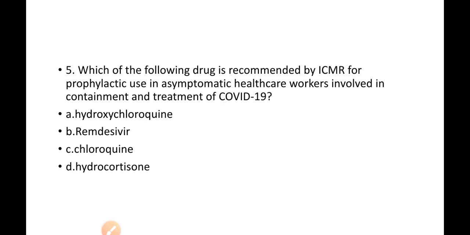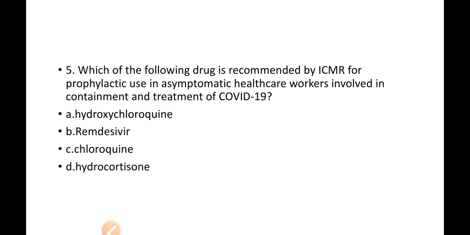Earlier during the pandemic, there was also a rumor that if a person takes PCM, paracetamol tablet, he would be safe or could treat the coronavirus. There are many rumors, but ICMR recommended only one drug for healthcare workers who come in contact with COVID-19 patients for prophylactic usage.